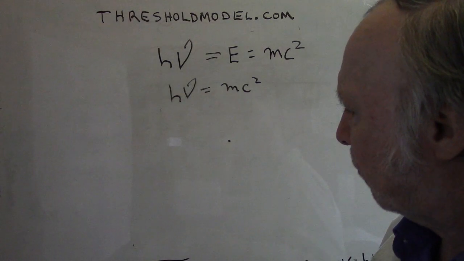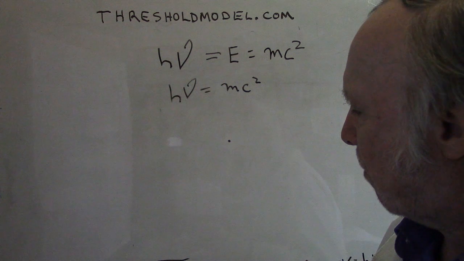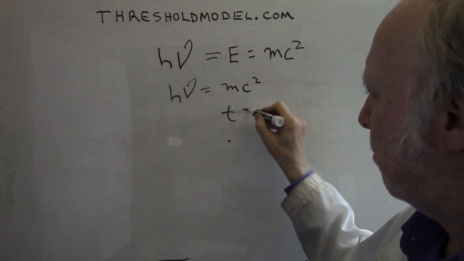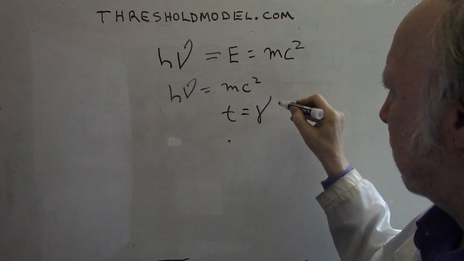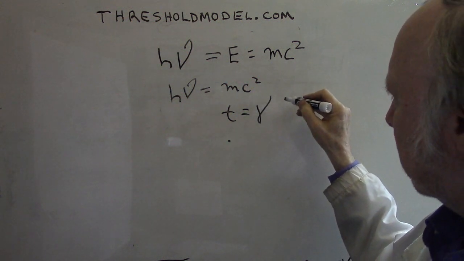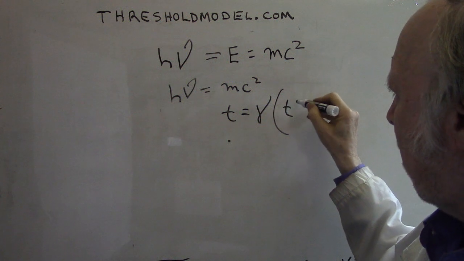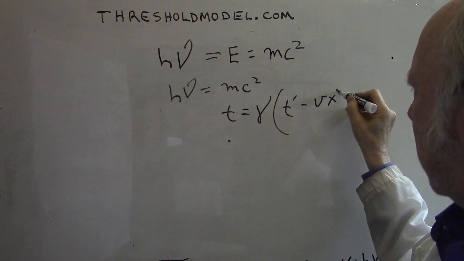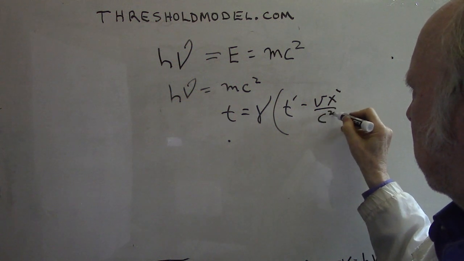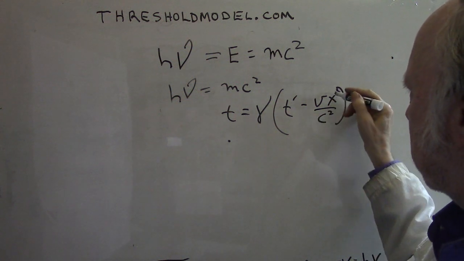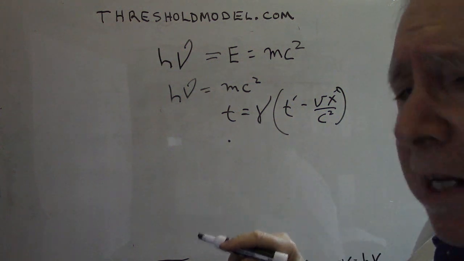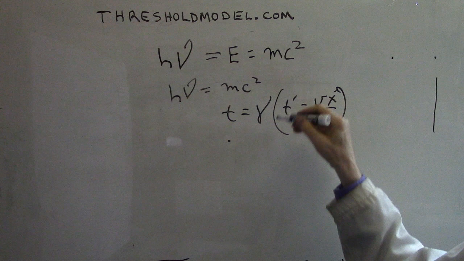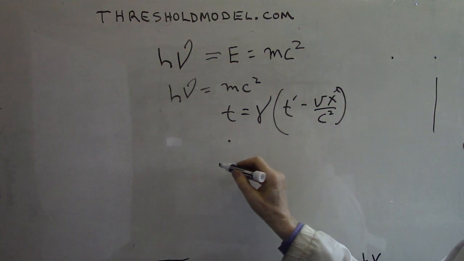He took out of the Lorentz transformation, which is, let's see, time is equal to one over the square root correction factor of a time minus, it's something like this. And as far as I can tell, what he did is he took this term and said, well, that has the dimensions of time.